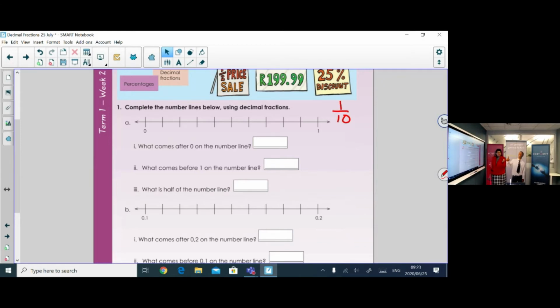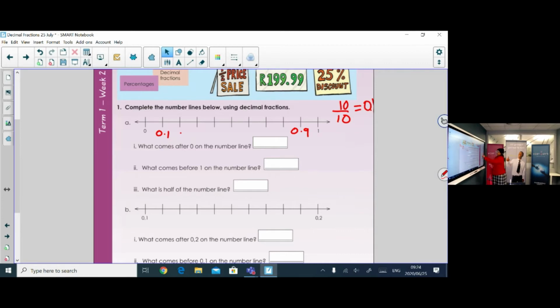We can write this in fractions, but the question does not want fractions. It wants us to do this as a decimal number. So we put a 0 and comma, and then we say it goes once. So if this is 0.1, it means the pattern follows until here we get 0.9, until we get a 1.